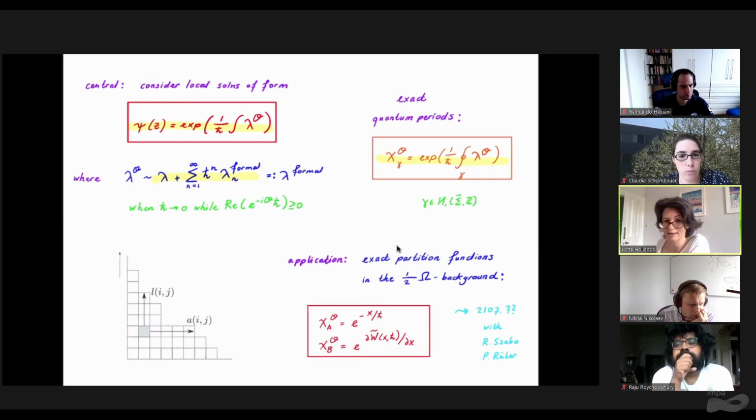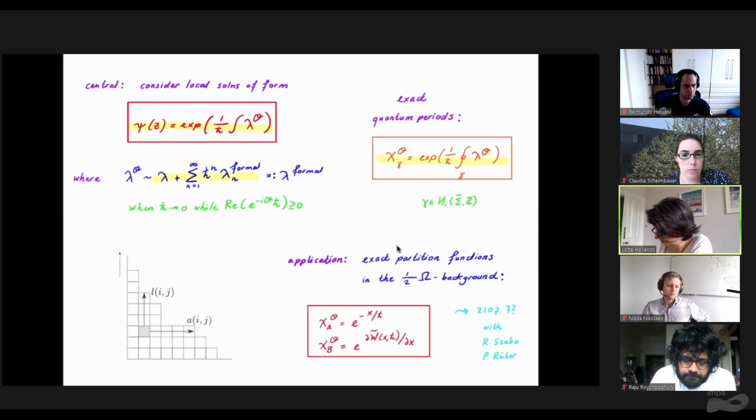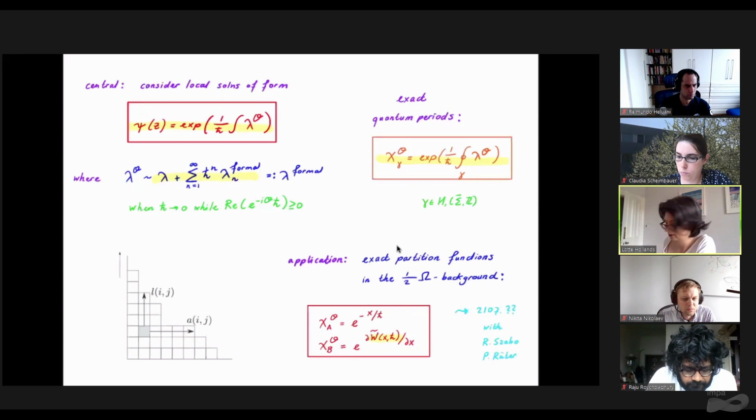So one application that I want to mention of these quantum periods is that once you've defined them, you can extract a certain partition function, which I've denoted by W tilde here. But I don't have much time to say about that in this talk, but I will rather refer to an upcoming paper for that.